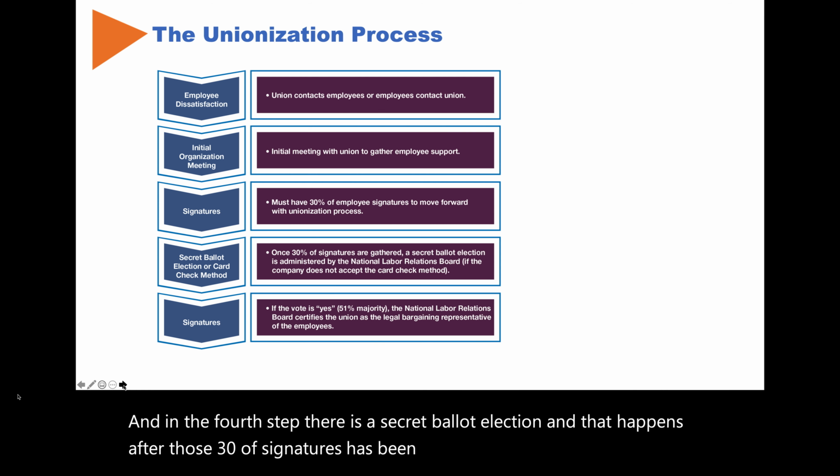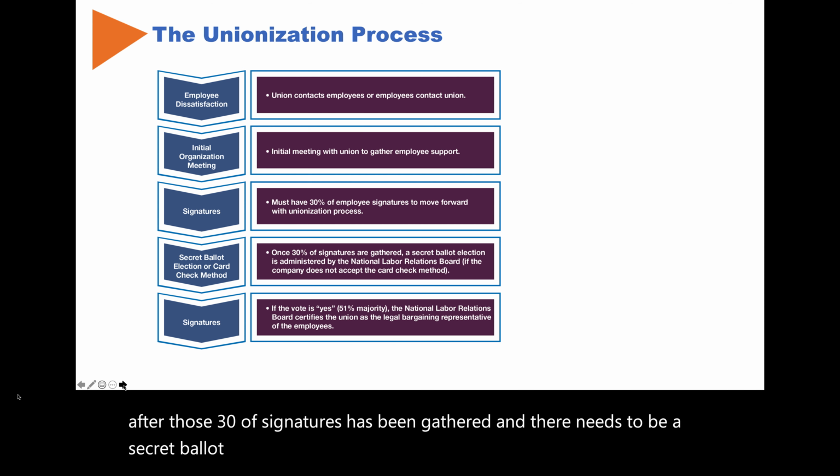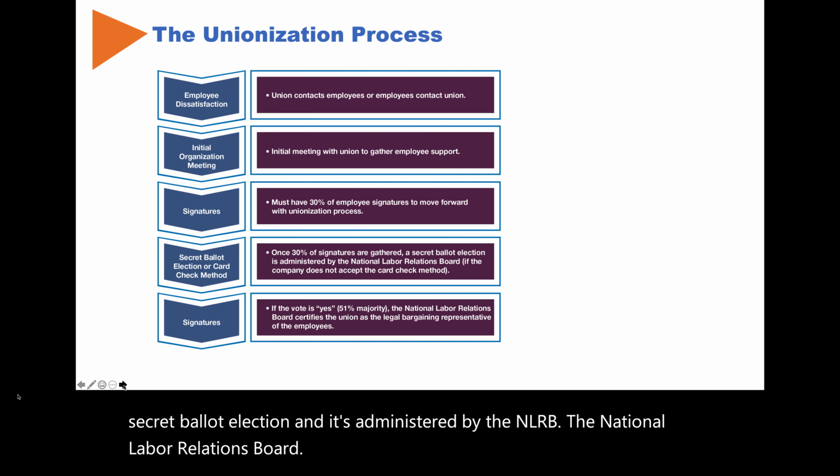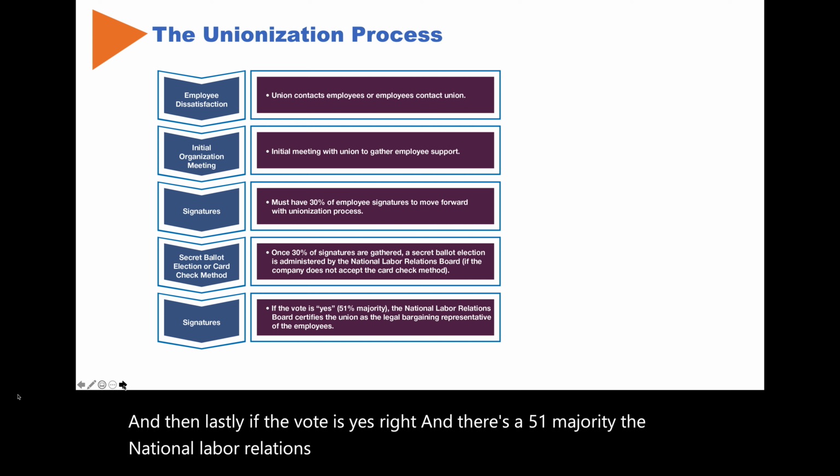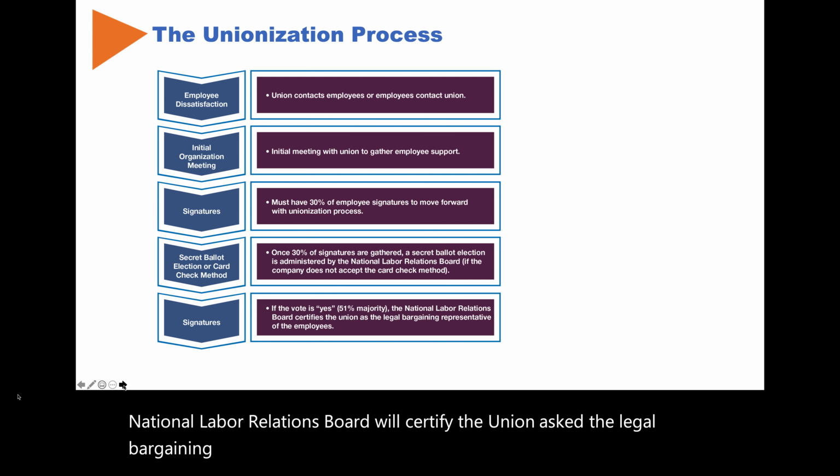It is administered by the NLRB, the National Labor Relations Board. And then lastly, if the vote is yes, right, and there's a 51% majority, the National Labor Relations Board will certify the union as the legal bargaining representative of the employees.